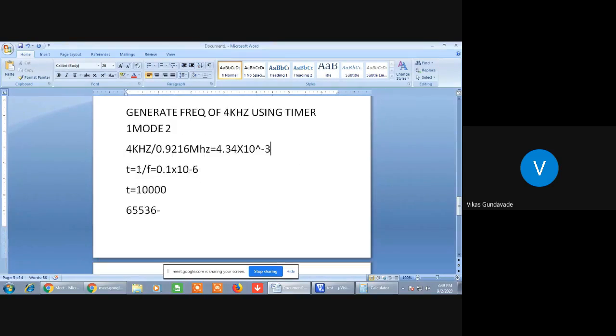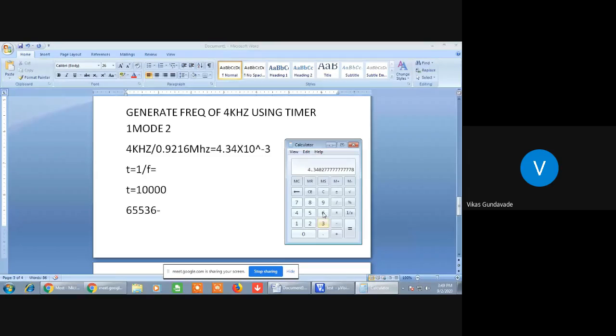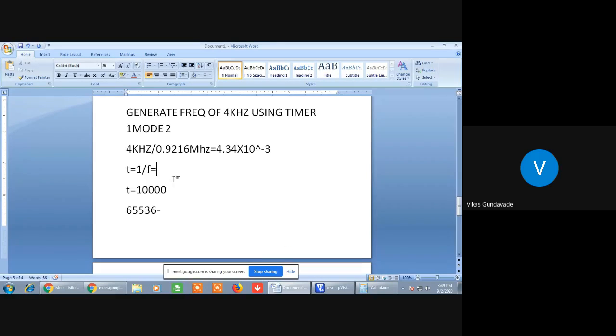Okay. So here the time will be t equal to 1 divided by f. So it will be 1 divided by 4.34. It is 0.230, so it is 0.230 into 10th power 3 into 10th power 3.